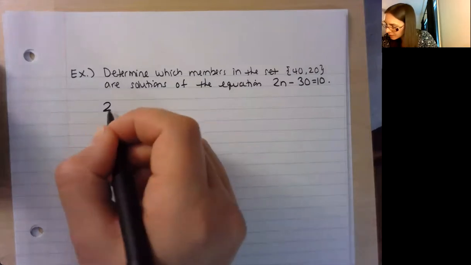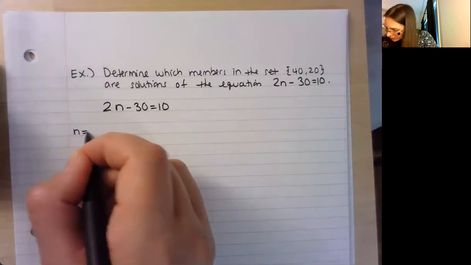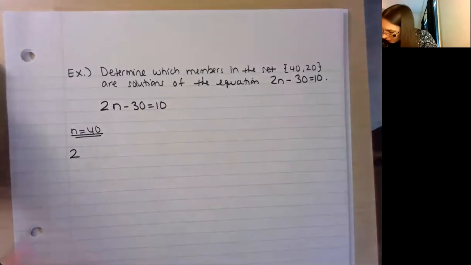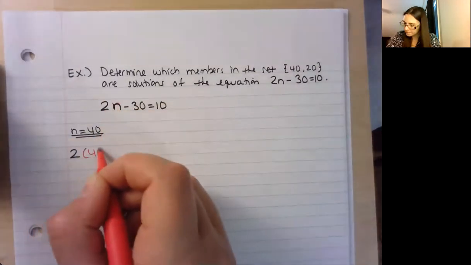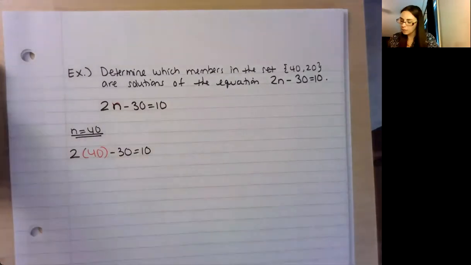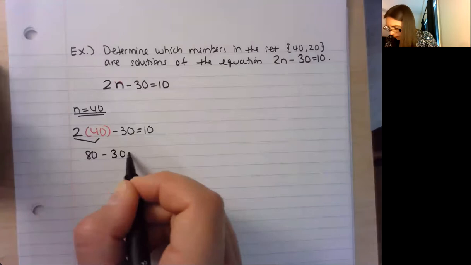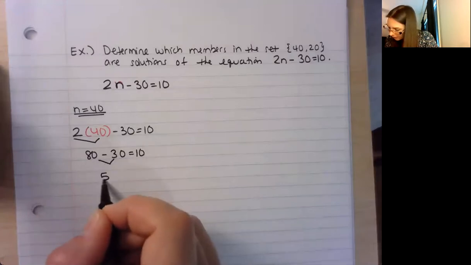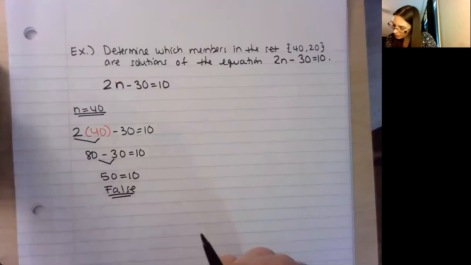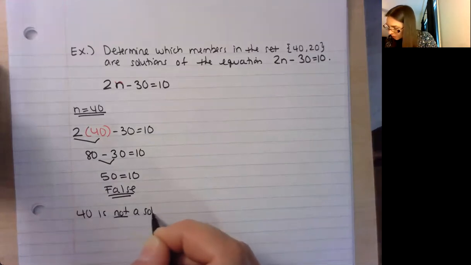So I'm going to take that 2n minus 30 equals 10, and I'm going to try n equals 40 first. I'm going to replace my n with 40 and see what happens. You have to follow order of operations here. So 2 times 40 is 80. 80 minus 30 is 50. And obviously 50 is not 10. This is false. So since this is false, 40 is not a solution to this particular equation.